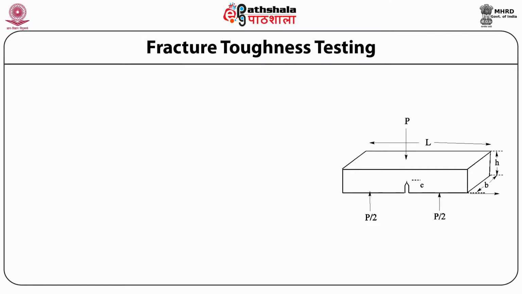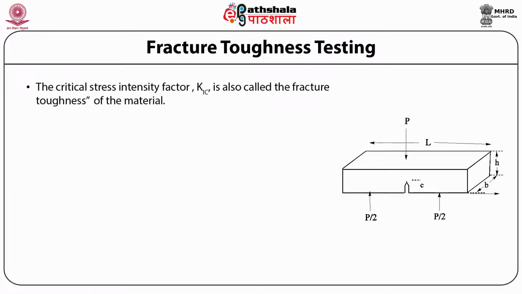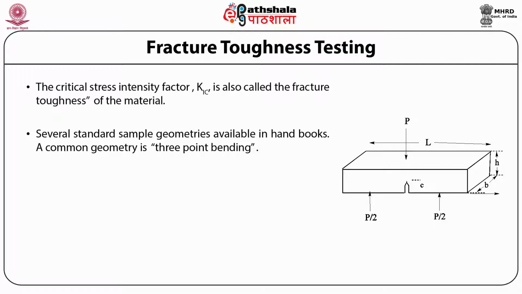Fracture toughness testing. Now various geometries of the test sample have been designed for the determination of the critical stress intensity factor KIC. This quantity is called fracture toughness. A very simple and common geometry is that of a bar of the material with a rectangular cross section tested in 3-point bending. The sample dimensions and the loading geometry are shown in this figure.